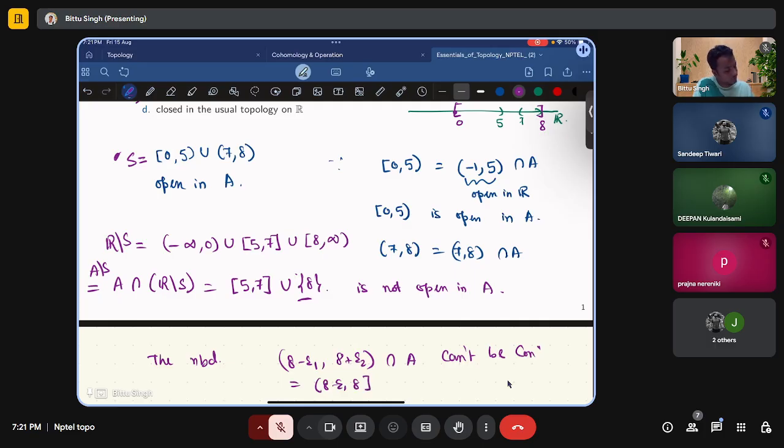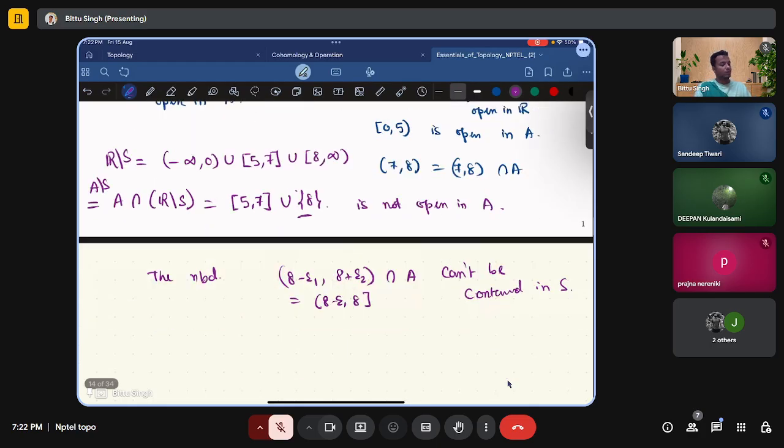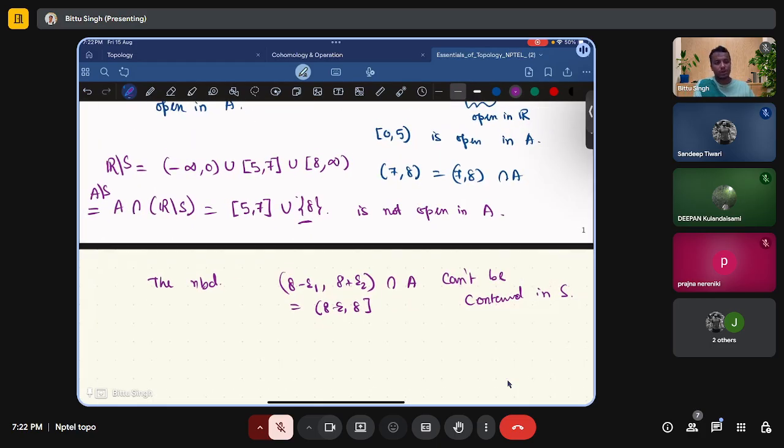This is the neighborhood, and it cannot be contained in S. So that's why this is not open. Therefore, A minus S is not open, so S is not closed.